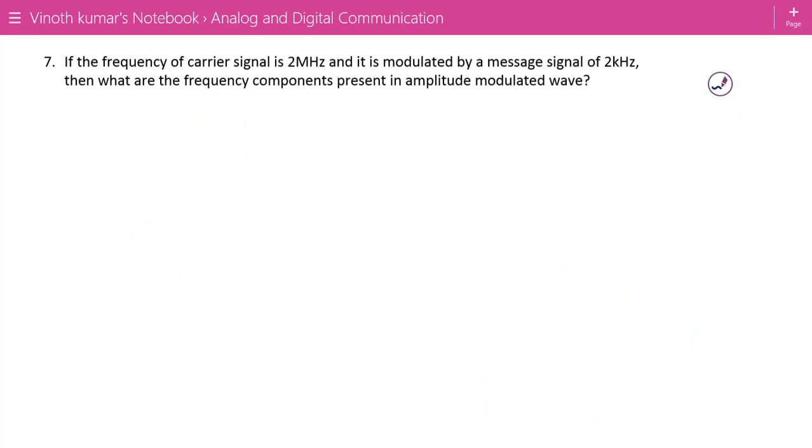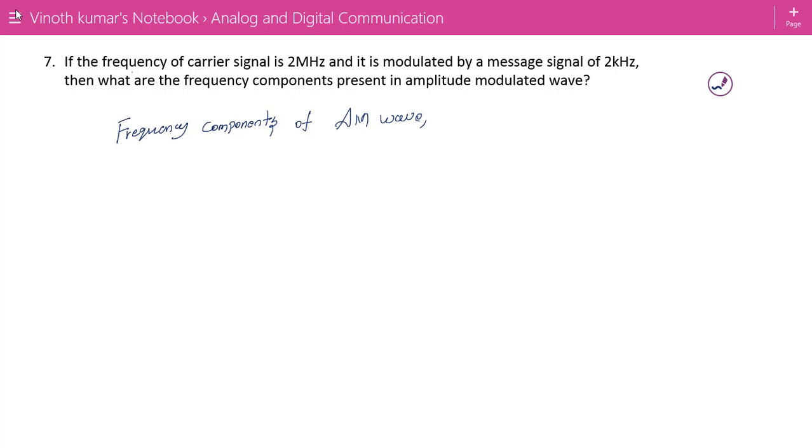So the question given here is, if the frequency of the carrier signal is 2 megahertz and it is modulated by a message signal of 2 kilohertz, then what are the frequency components present in the amplitude modulated wave?